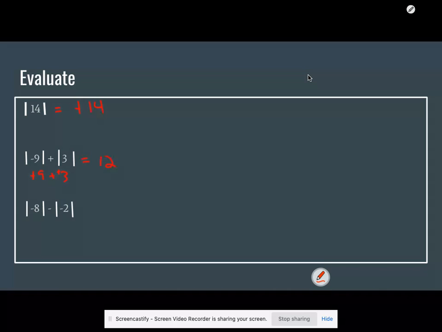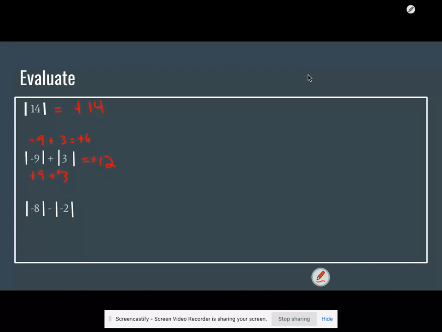If I just thought about these as negative and positive numbers and didn't think about the absolute value, -9 plus 3 is +6. So they're very different. You need to make sure that you understand everything inside of absolute value is positive.